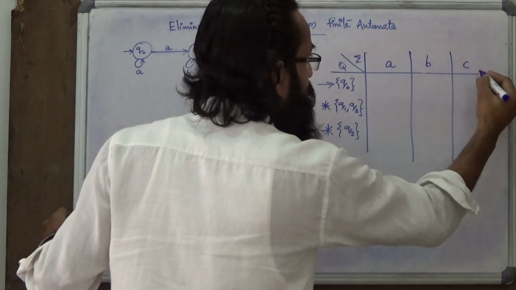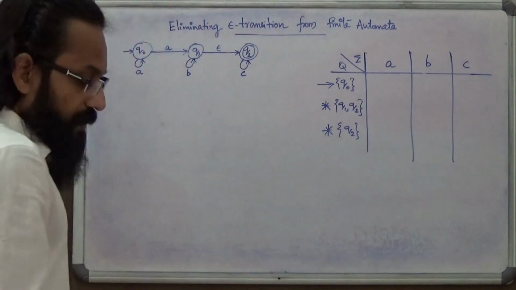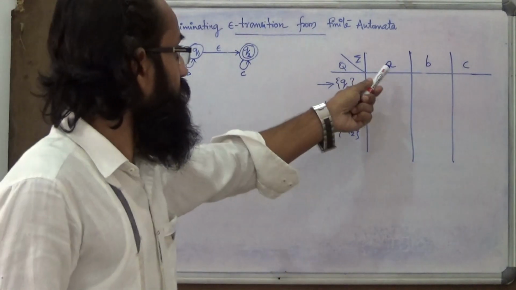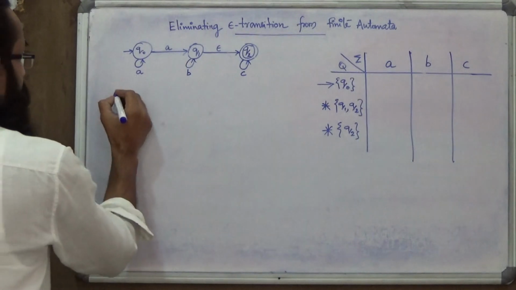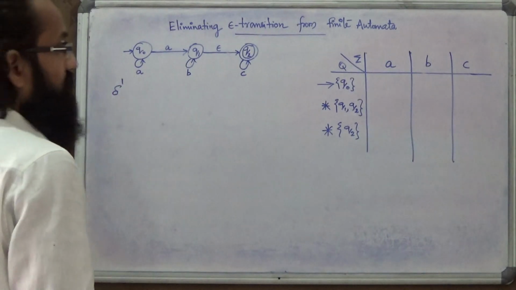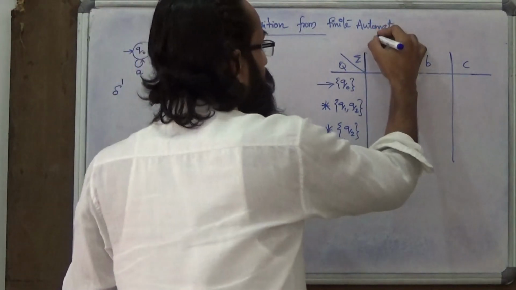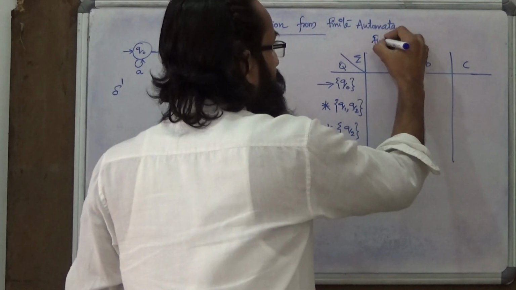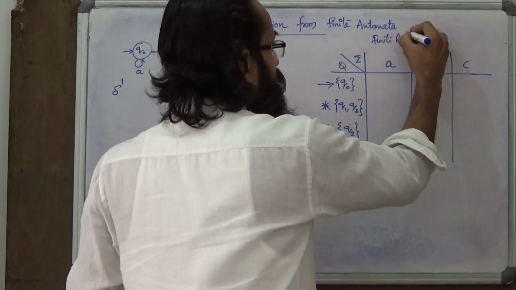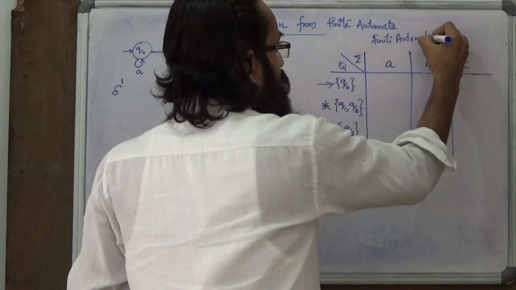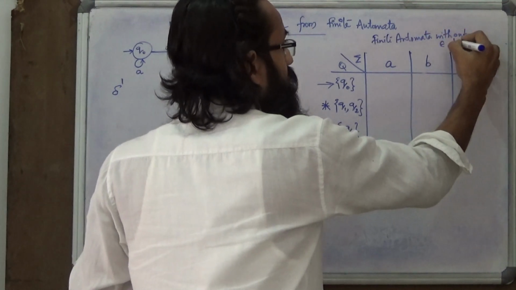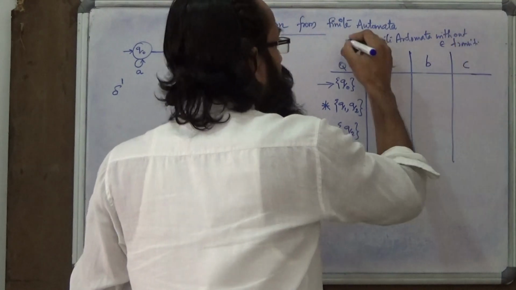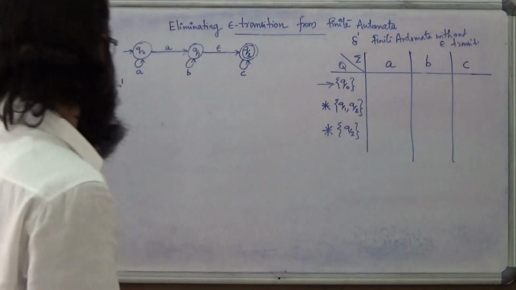Now how to apply input A to each and every state? So let delta dash be the transition function in our finite automata without epsilon transition.